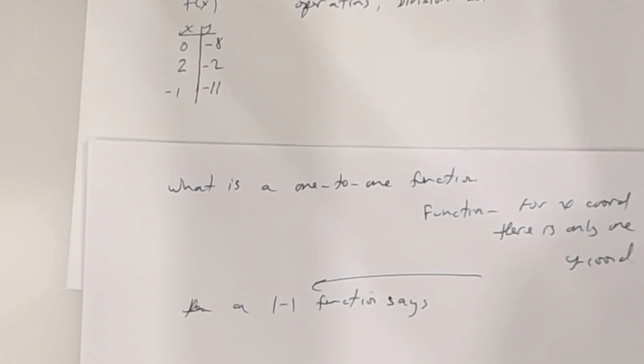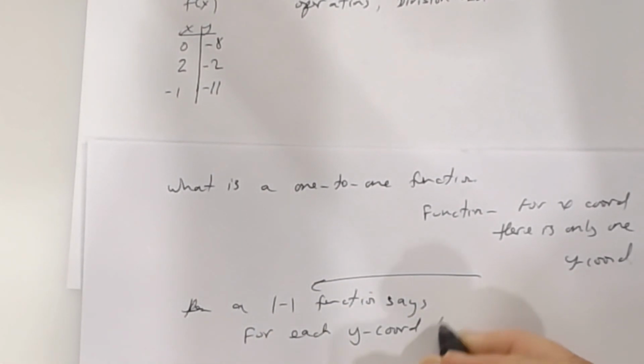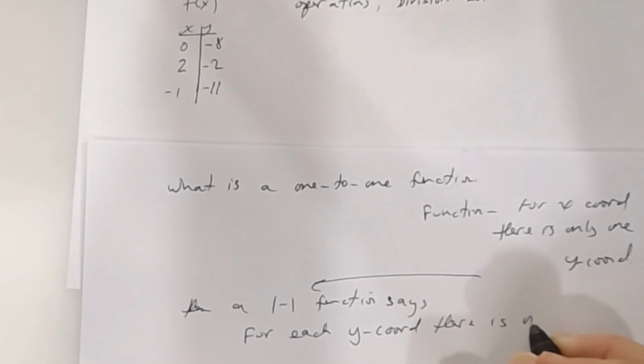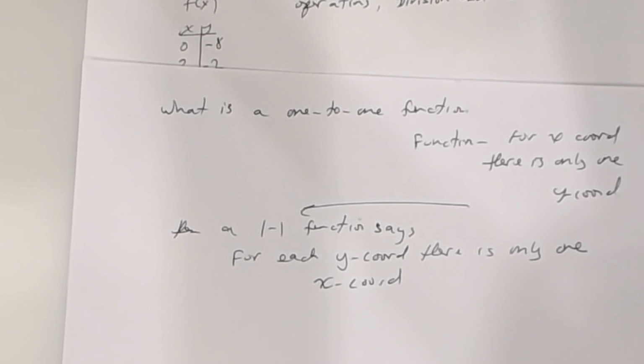So think going the other way. So a one-to-one function says this. For each y coordinate, there is only one x coordinate. Okay?